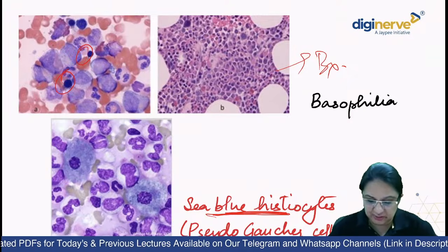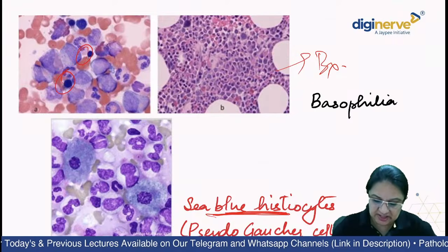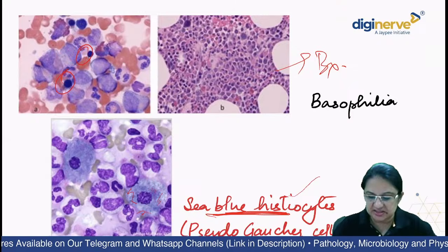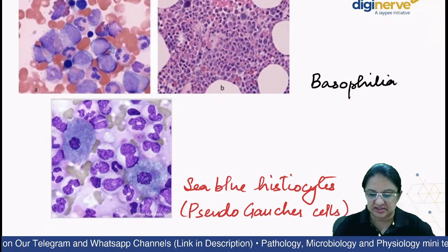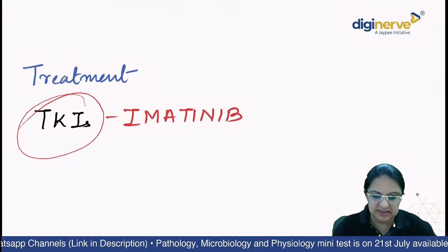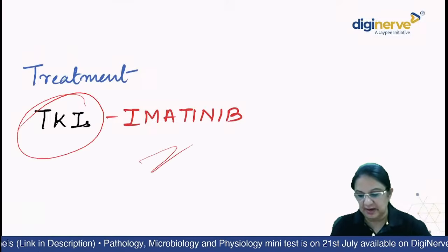Here, just like crumpled cytoplasmic appearance, sea blue histiocytes are called pseudo-Gaucher cells. Treatment, I already told you, we have to use tyrosine kinase inhibitor. That is imatinib.